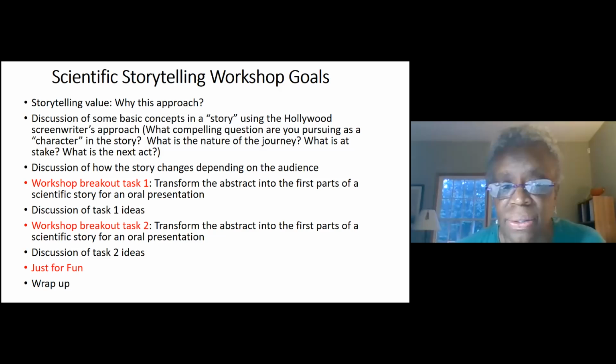Then I want us to break out into a few groups, and I'm going to share with you one of the abstracts in the first breakout session, an abstract that was submitted to the American Society for Biochemistry and Molecular Biology, and they're having a special meeting in October on the nucleolus, emerging roles of the nucleolus.